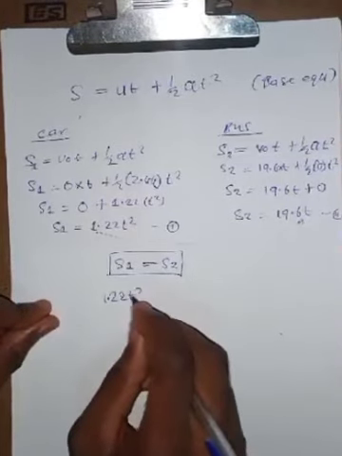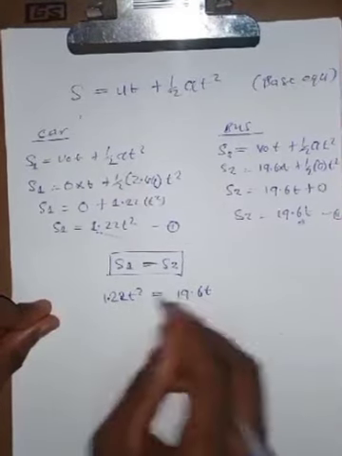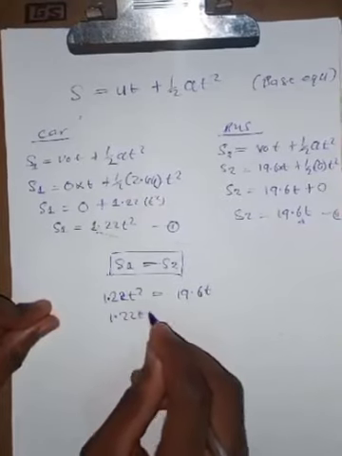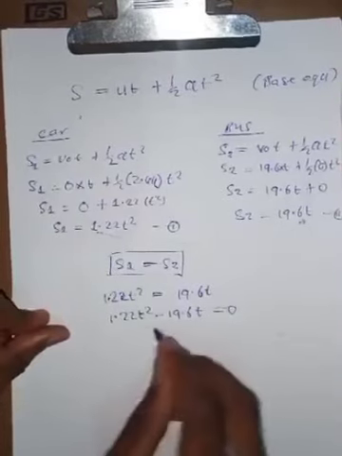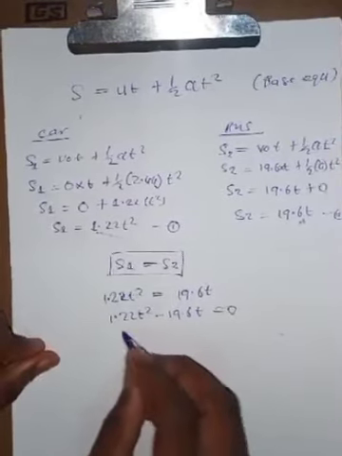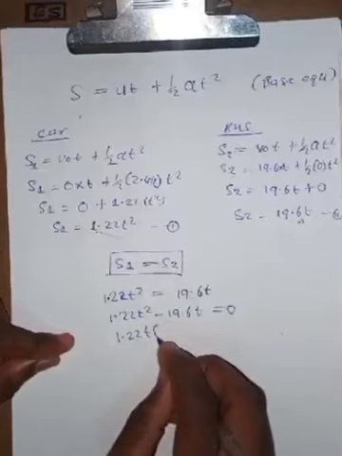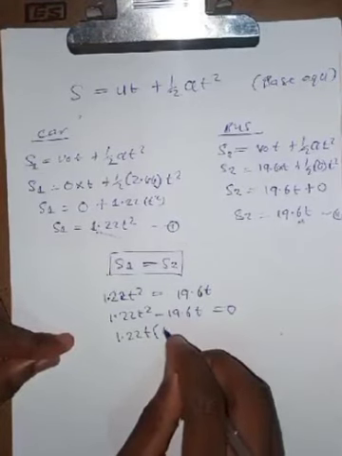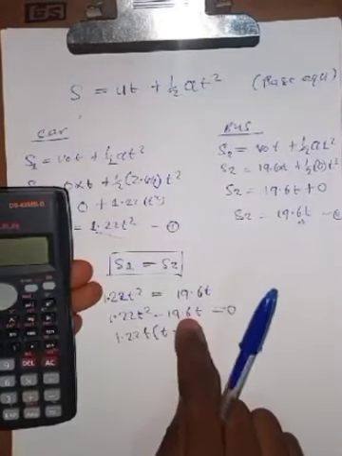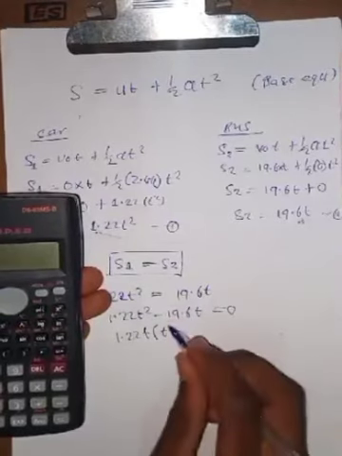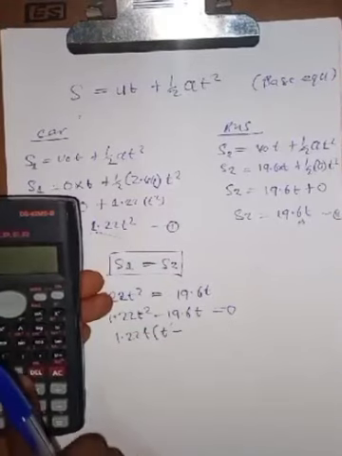We have 1.22 t squared equals 19.6 t. Then we can take this one to the other side: 1.22 t squared minus 19.6 t equals 0. Then we can factor out the 1.22, so 1.22 times t times (t minus ...). I'm going to use the calculator and divide, because once I divide this into that, it is the same as just dividing.